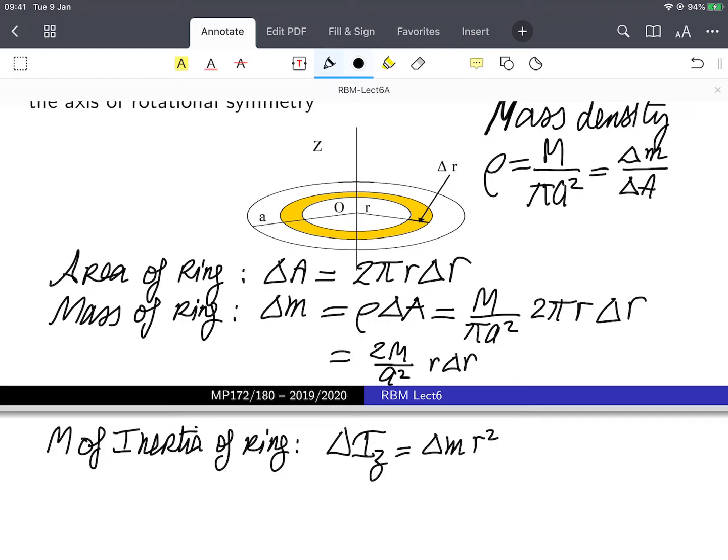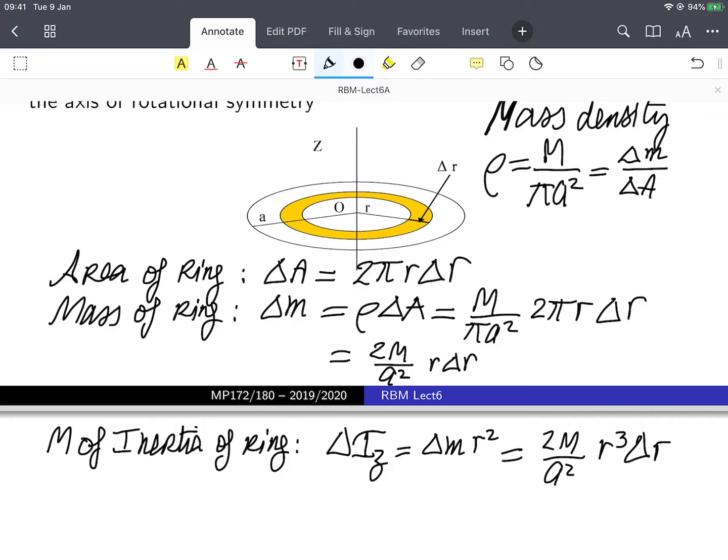I remember that a ring of radius a and mass M has moment of inertia M a squared. Here the mass is delta M, the radius is r. Okay, so I just write that now with my formula above, 2M over a squared, r cubed delta r, times r squared is r cubed.